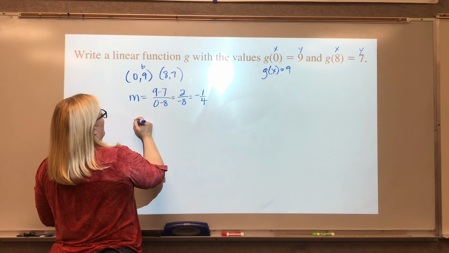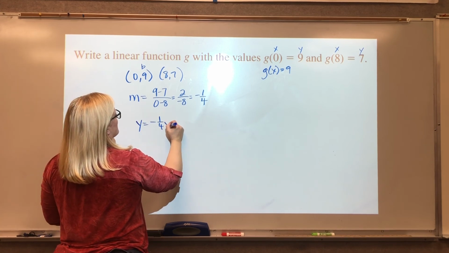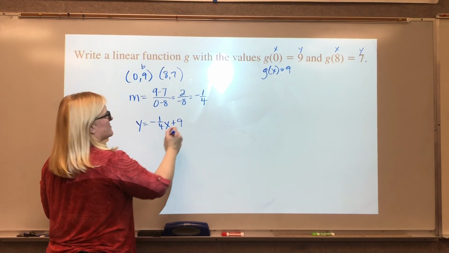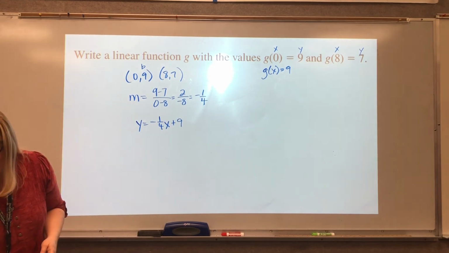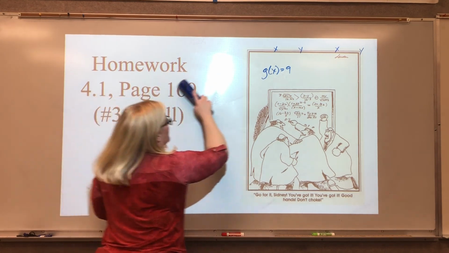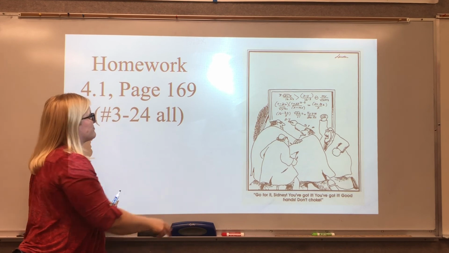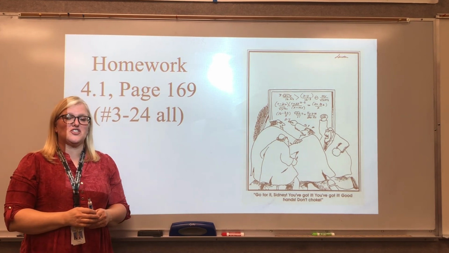So now I have y equals negative 1/4 x plus 9. All right, that is what I have for you. Here's your homework, and as always, if you have any questions, just let me know.